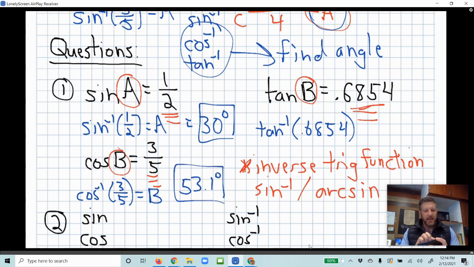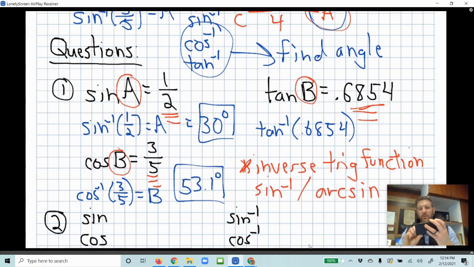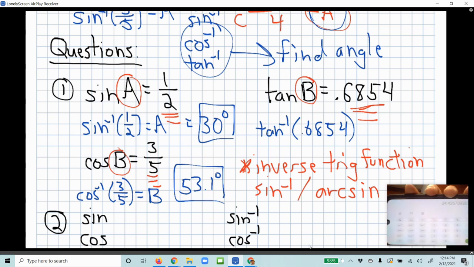But then I can do the same thing with a tangent. Inverse tangent of 0.6854. So you can input a decimal in there just like you would input a fraction. And I hit equals, and I get a reasonable angle measurement, 34.4. I say reasonable because I'm not getting some tiny decimal like 0.0678. That's not a very reasonable degree.